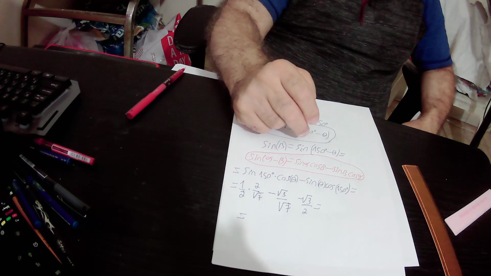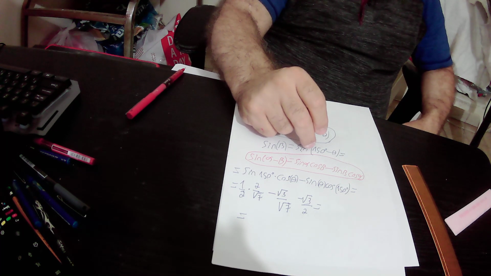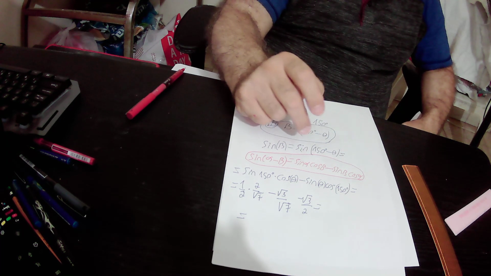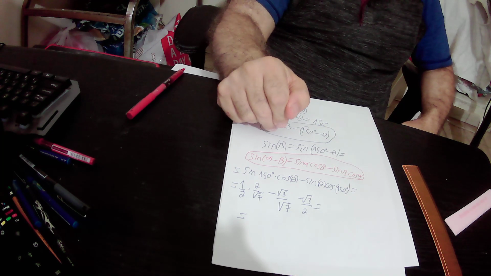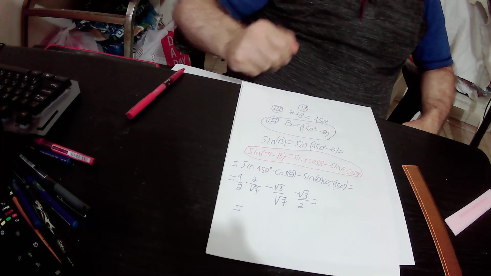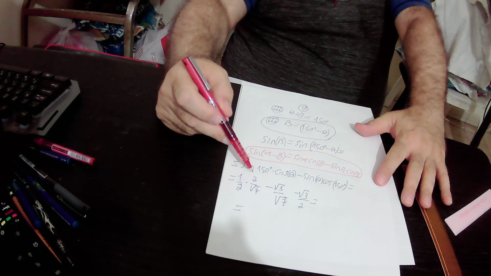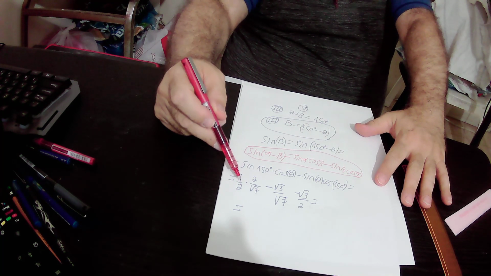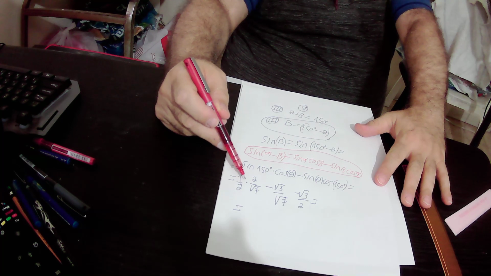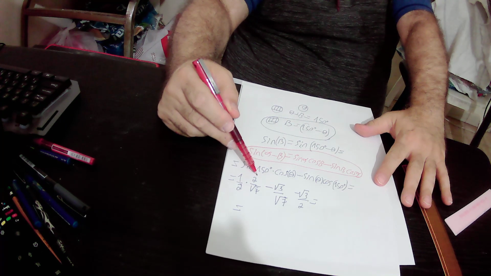It is actually equal to sinus 150 degrees minus theta, which equals sinus beta. First of all, we have 2 in the numerator and 2 in the denominator of this expression, so we can cancel 2.